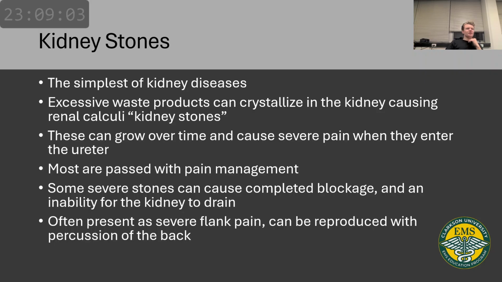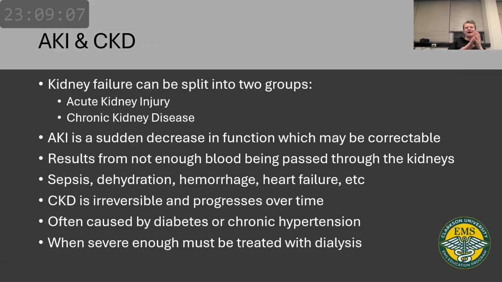All right, so coming off of kidney stones into our more severe kidney diseases, AKI and CKD. Now, these are two of the same process that we just split into two groups. Acute kidney injury is when the kidneys are not working properly, but it's the result of a right-now illness of some kind, and usually we can correct it.